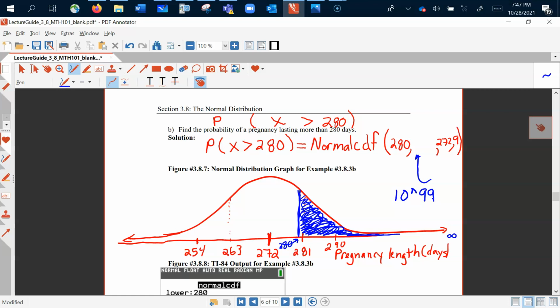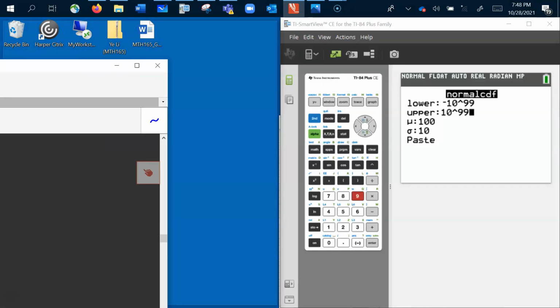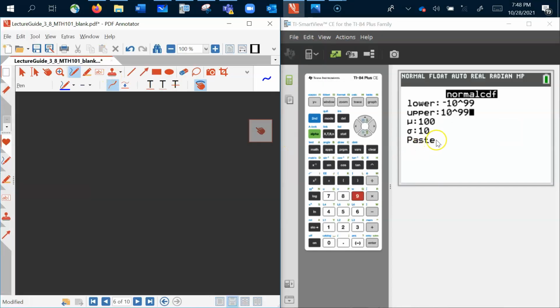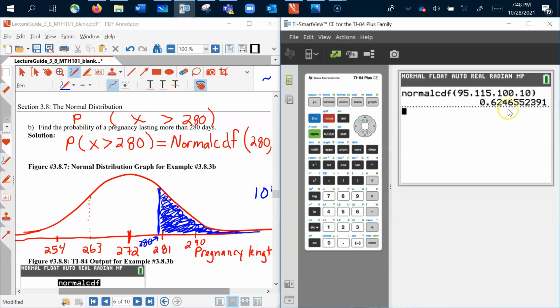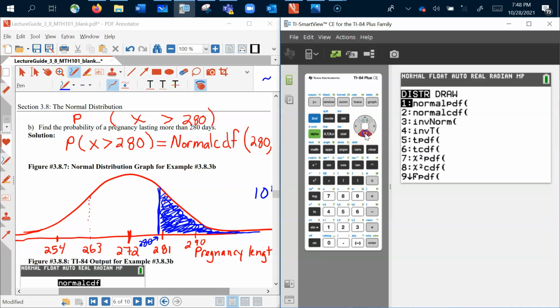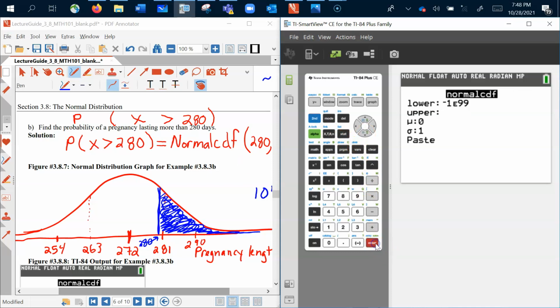So now on my calculator, I'm going to go ahead and bring this to the left. And if I had a home screen and I wanted to start from scratch, second vars, option 2, normal CDF. The lower value on my graph is 280.